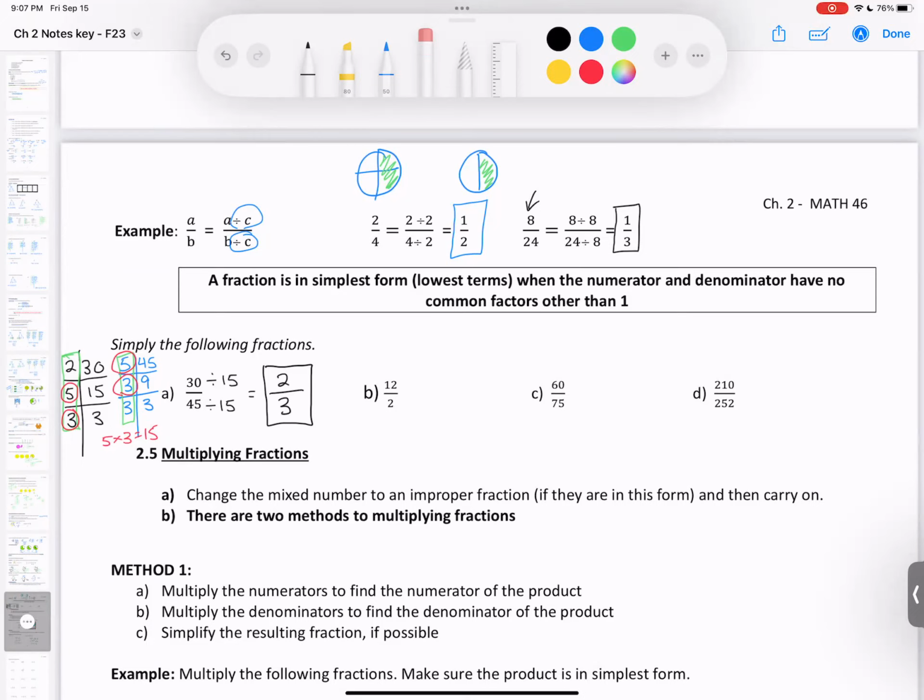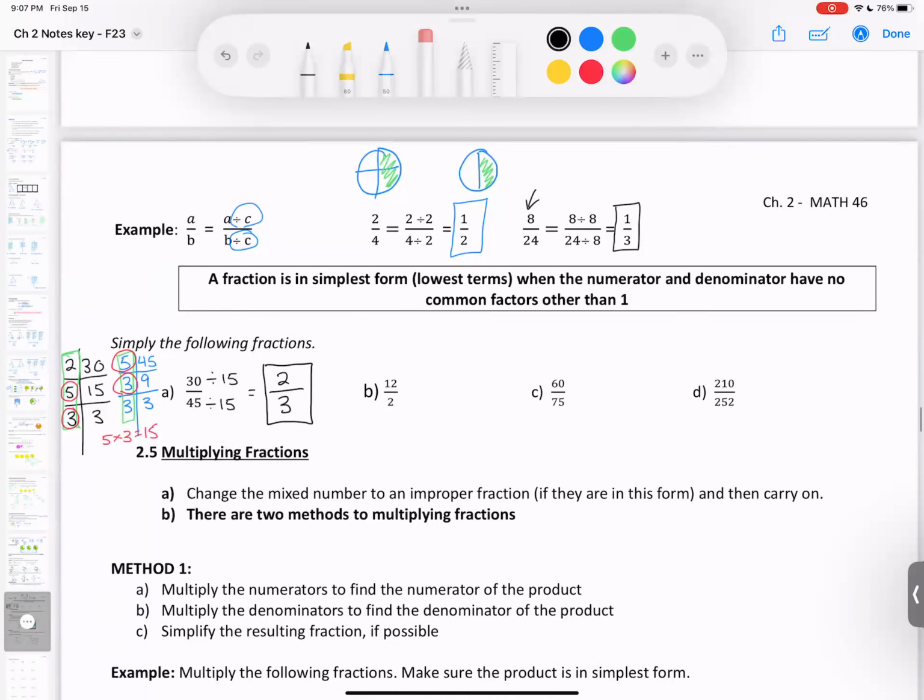Okay, next one there. So we have a 12 and a 2. Well, 2 is already prime. So if we were going to do its chart, we would just have a 2. And if we were going to do 12, we would divide by 2 for 6, divide by another 2 for 3, and there are our prime factors.